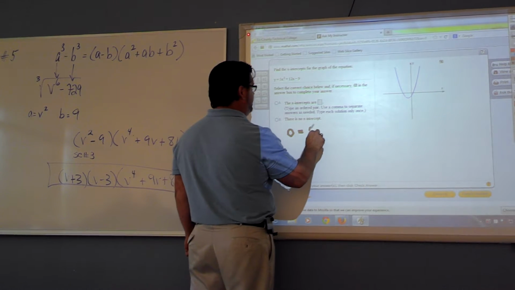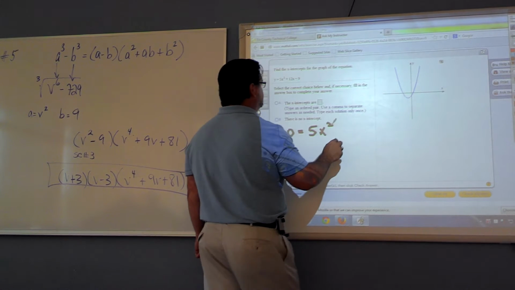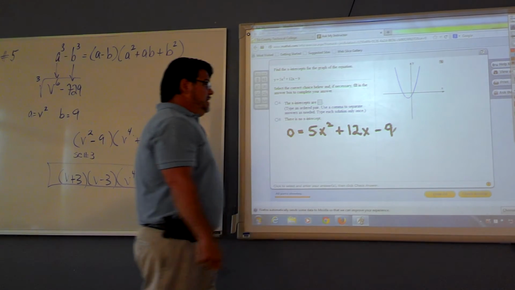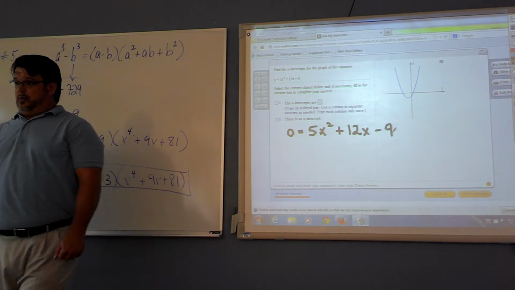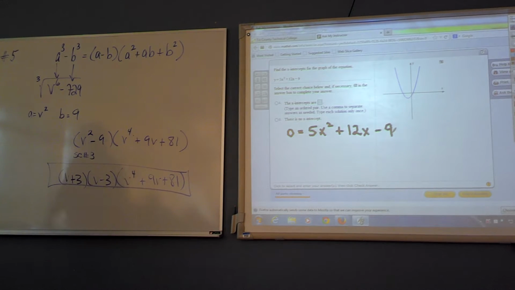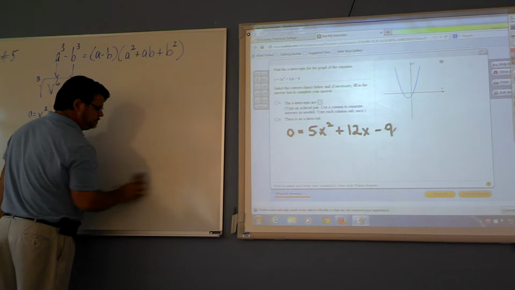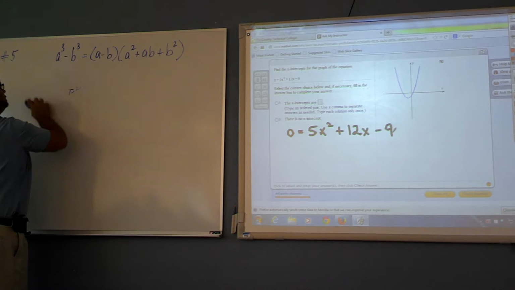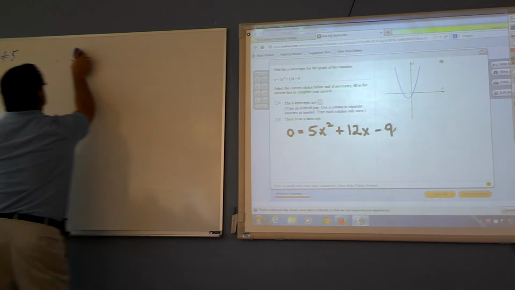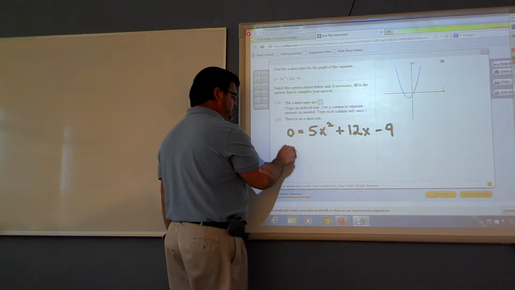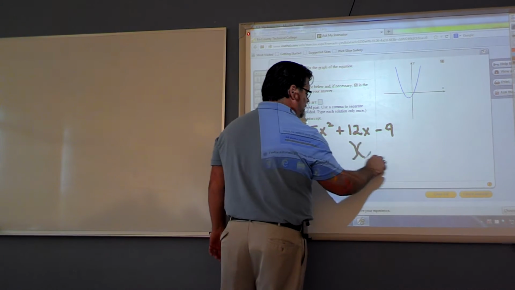0 is equal to 5x squared plus 12x minus 9. Now, you can't use the shortcuts because you can't take the square root of 5. So, zero is equal to parentheses.